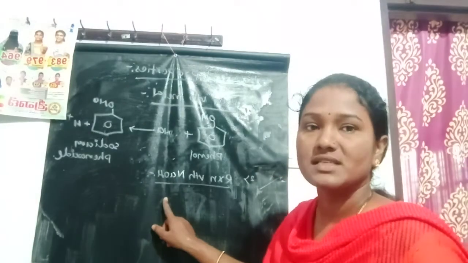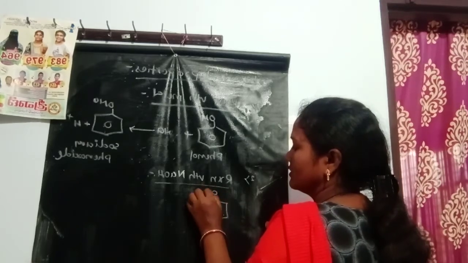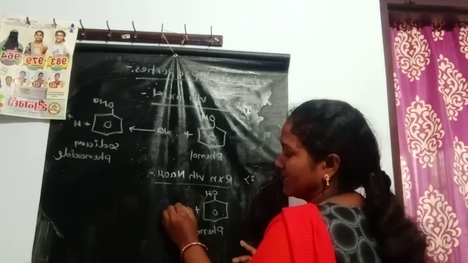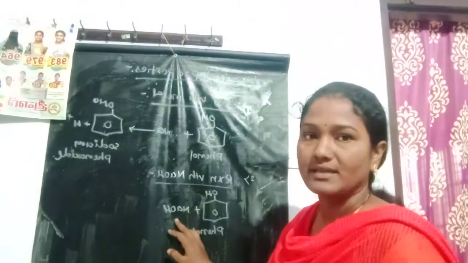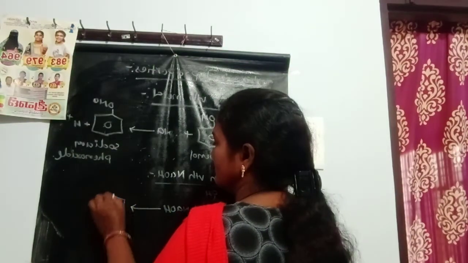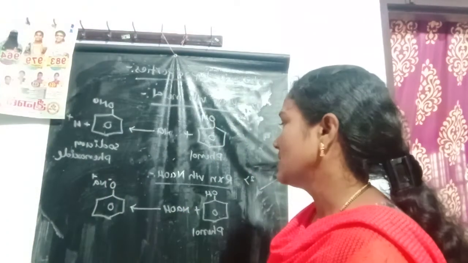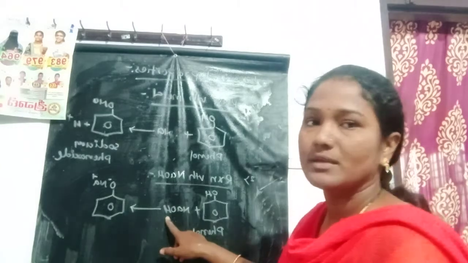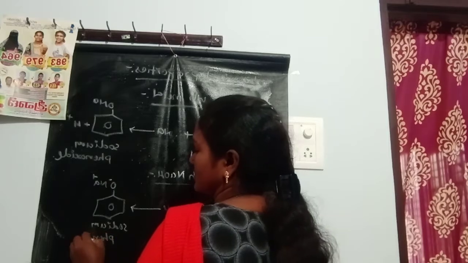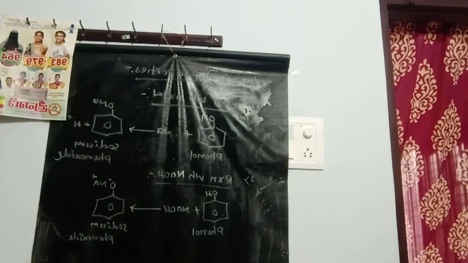Phenol reacts with sodium hydroxide to form sodium phenoxide ion, O minus Na plus, with removal of water molecules.